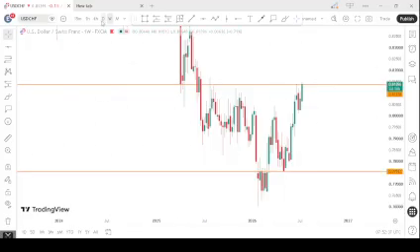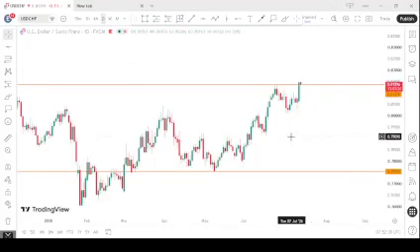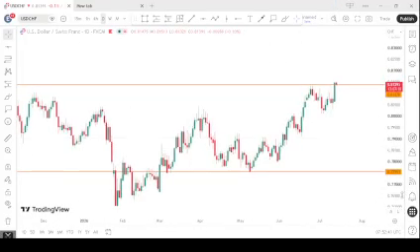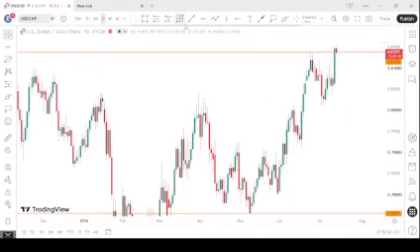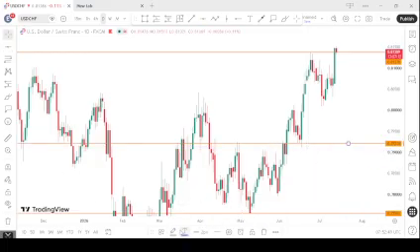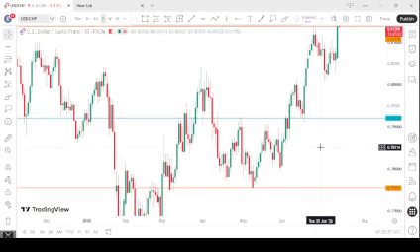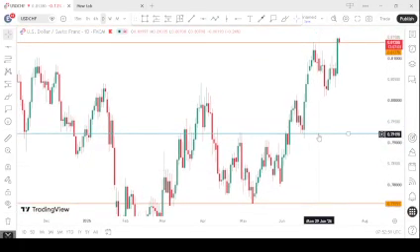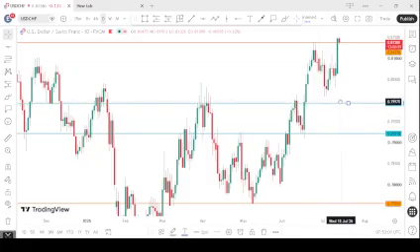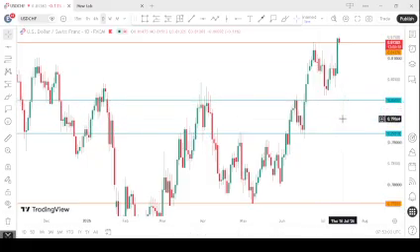So let's go to the daily. Here on the daily, I have my daily demand zone over here, and I'll mark another demand zone right here.